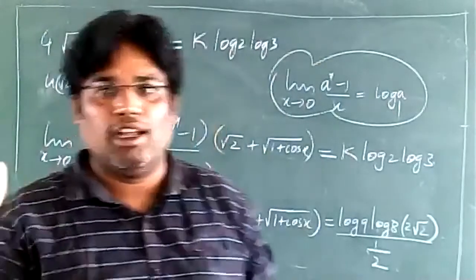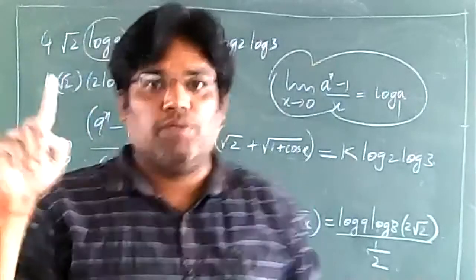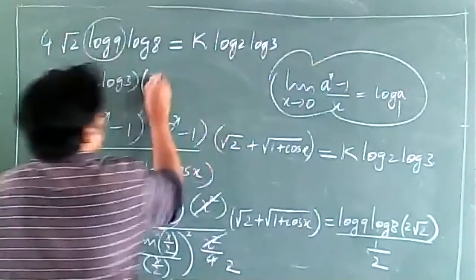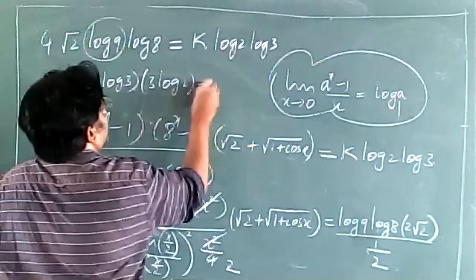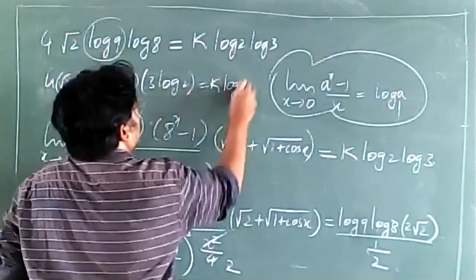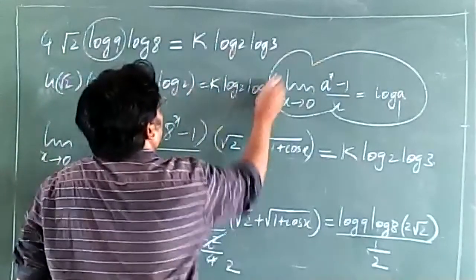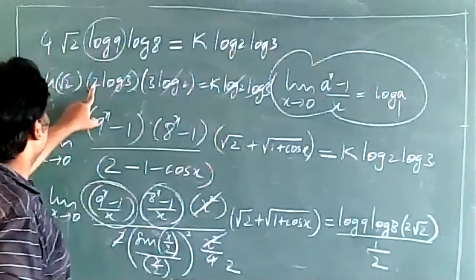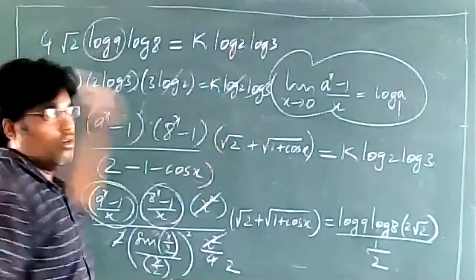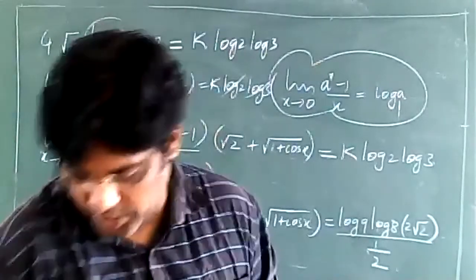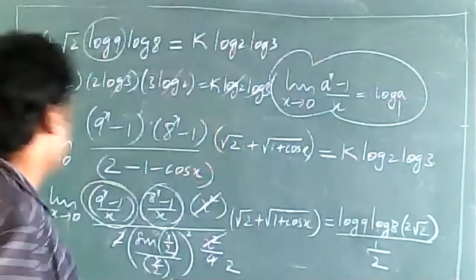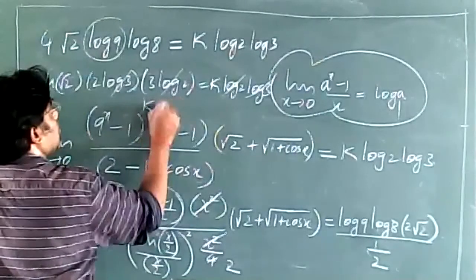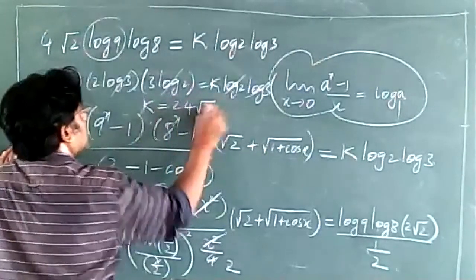Log 2 cube, that is nothing but 3 log 2. That is equal to k into log 2 into log 3. That cancels out. This is 3 into 2 is 6, and 4 into 6 is 24 into root 2. That is, the k value is 24 into root 2. This is the value.